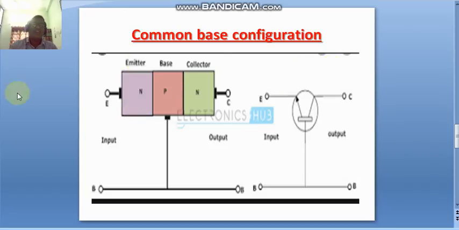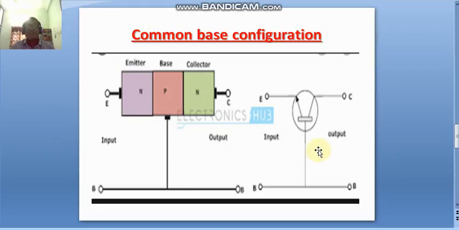If you take this diagram, this is an NPN transistor: emitter, base, collector. This base P-type semiconductor is connected to input as well as output, therefore this base acts as common to input as well as output, and this configuration is known as common base configuration.